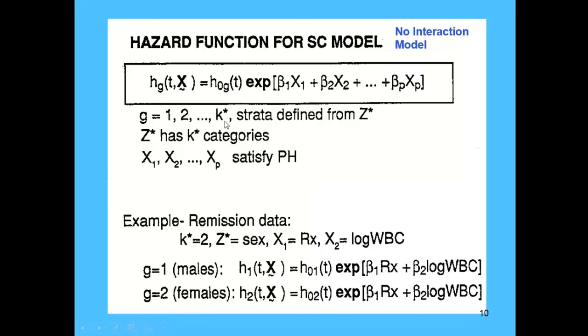Now, in this case, how many strata do you have? Well, I just have some notation here. I've said K star. There are K star strata. For the remission time example, what was K star? Well, it's down here. There's your answer. K star was 2, right? Because there was only one variable that didn't satisfy the assumption. It was the sex variable, and there were 2 strata involved. So K star is 2. But it may turn out that there are more than 2 strata that you have to worry about stratifying on, or there may be more than 2 variables.